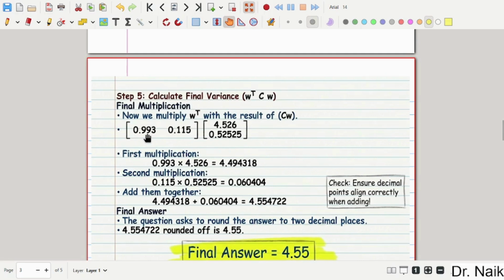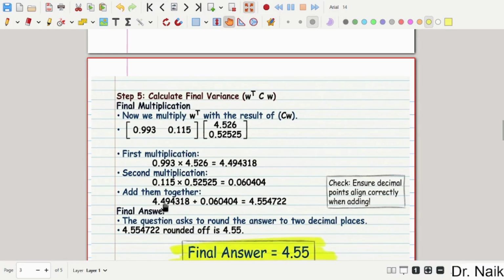Now multiply 0.993 with 4.526. The answer is 4.494318. And multiply 0.115 with 0.52525. The answer is 0.060404.